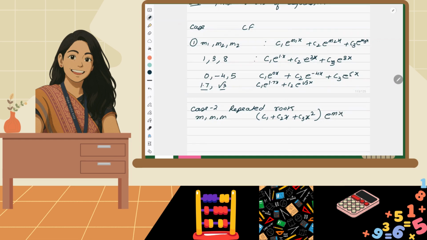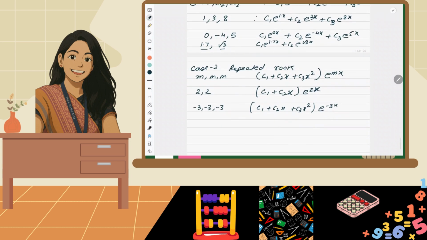Now let me give some examples. Suppose you have the roots 2, 2. Because 2 is repeated two times, my answer will be (c1 plus c2 x) e^(2x). If my roots are minus 3, minus 3, minus 3, my answer will be (c1 plus c2 x plus c3 x^2) e^(-3x).